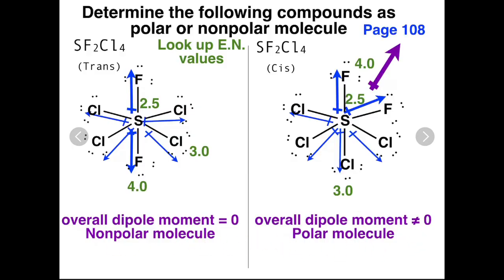Okay, so how do you determine that? Again, it's determined from first molecular geometry, second bond polarity, third the overall dipole moment, and eventually you can derive the conclusion of the polarity of the molecule.